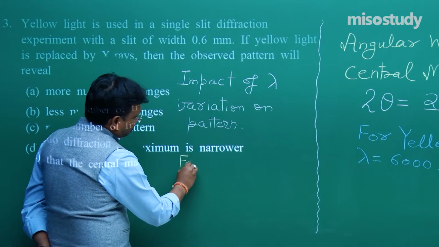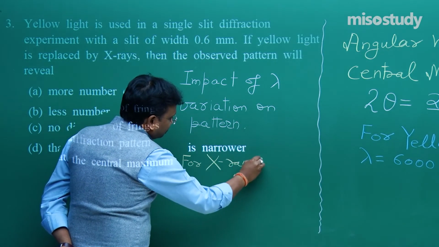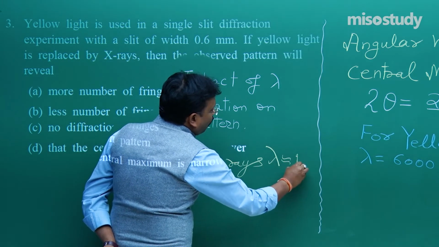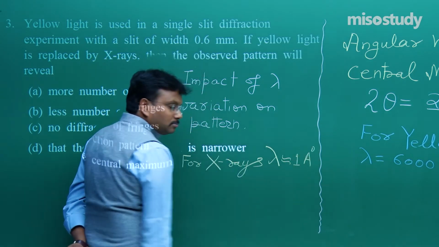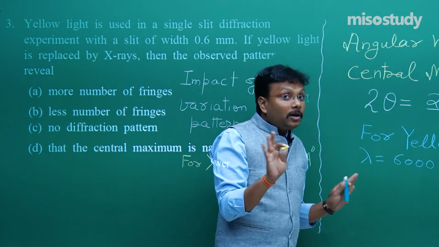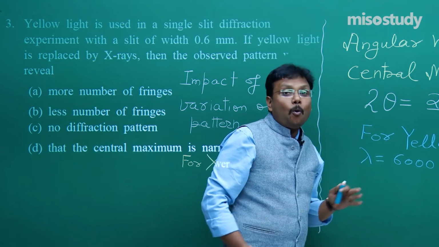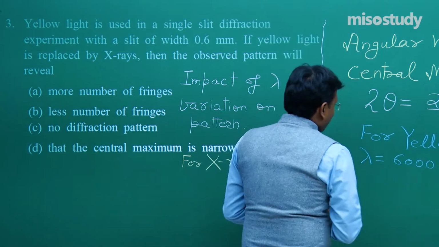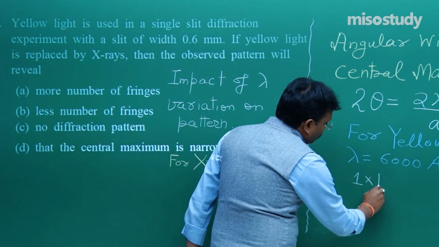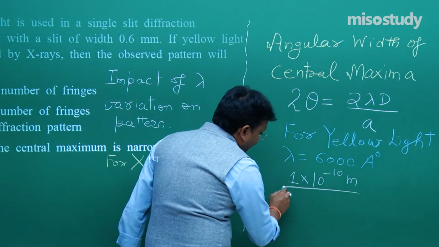For X-rays, lambda is the order of 1 angstrom. Very, very minute value. 6000 angstrom, 1 angstrom. Fine. So this is nothing but 1 into 10 to the power minus 10 meter.